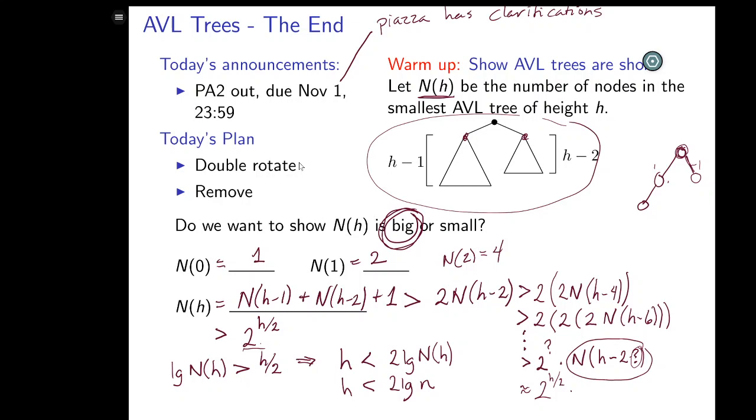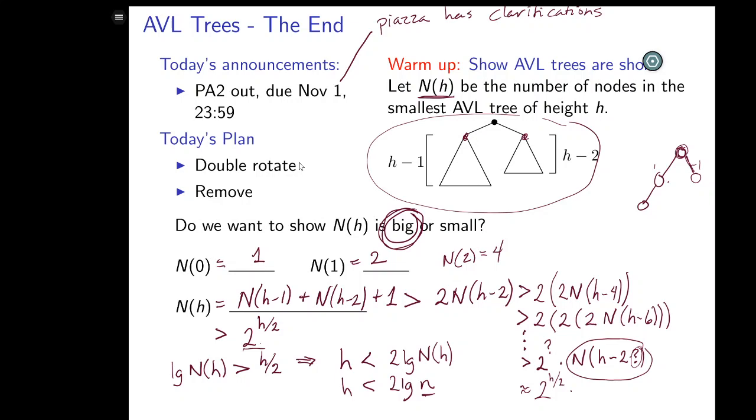Yeah. Because n of h is the smallest number of nodes in the tree of height h. So any tree of height h must have the number of nodes greater than or equal to n of h. Yeah. This is true. This replacement works because every tree of height h has at least n of h nodes in it.